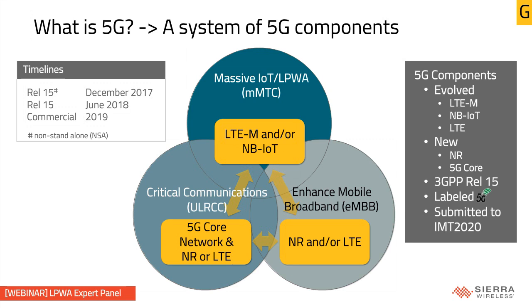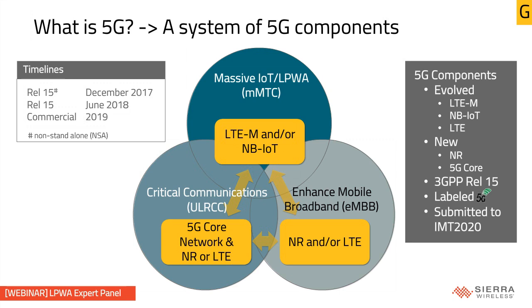For critical communications, there's a new core network being defined, which will support things like network slicing better, which is what's needed for the ultra-reliable and low latency communications. So on the right, we've got this list of 5G components. As you can see, some are evolved and some are new, but all are part of the 3GPP Release 15, which is being defined right now, expected to be completed in June. All will be labeled with that 5G logo.